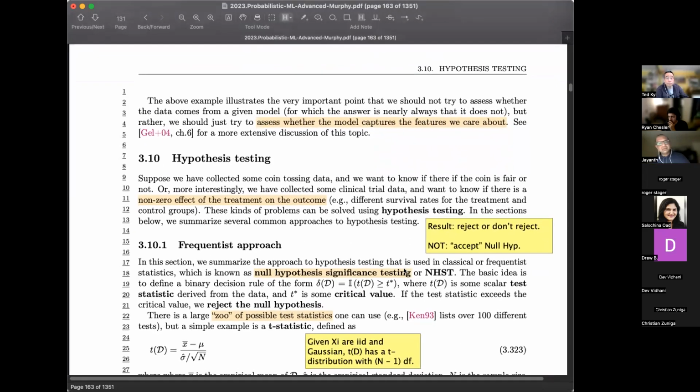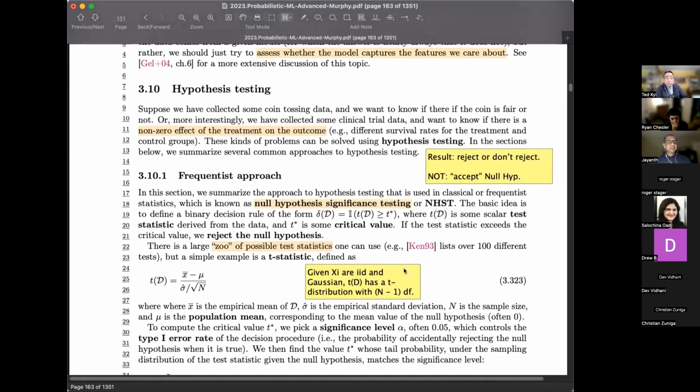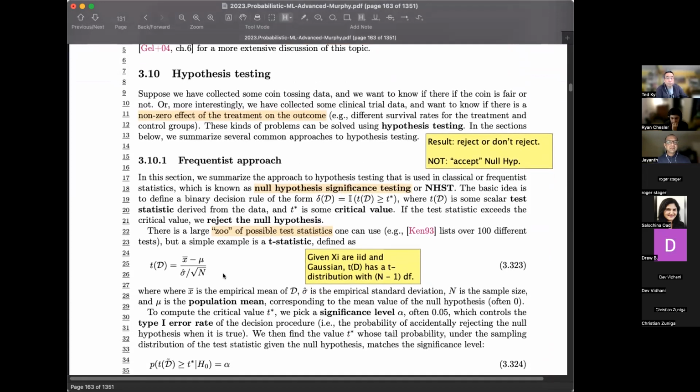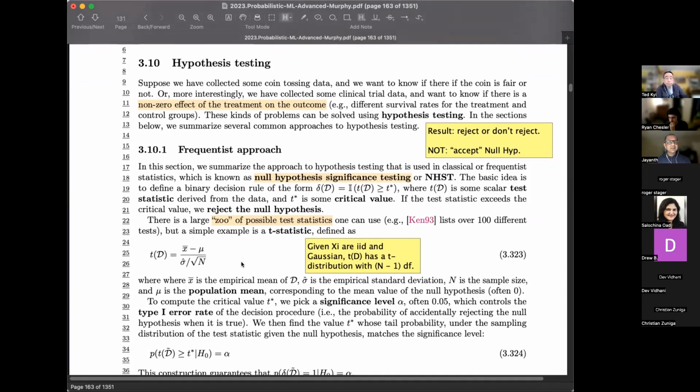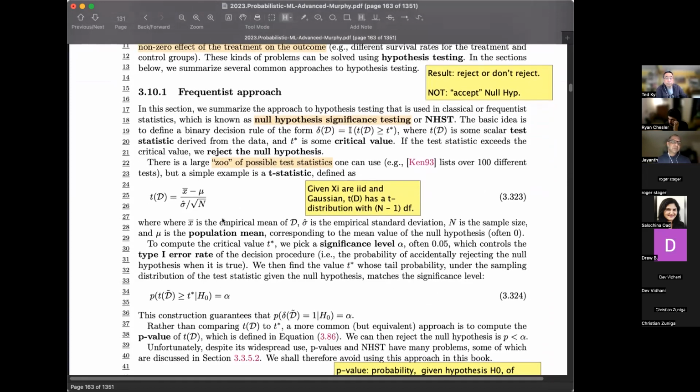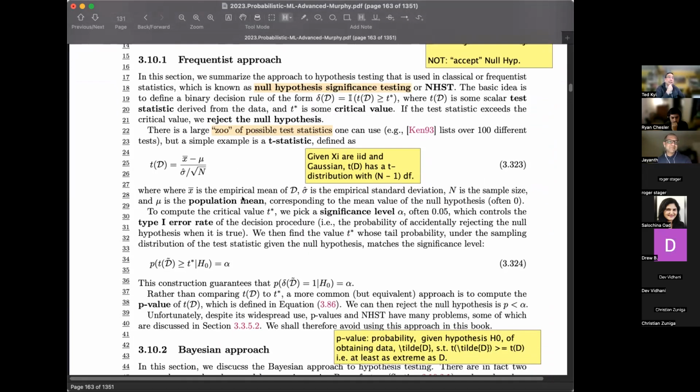Okay, keeping on going: hypothesis testing. This is the usual frequentist way. He's a bit critical of the frequentist way. He says there's a zoo of test statistics.